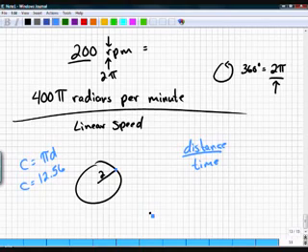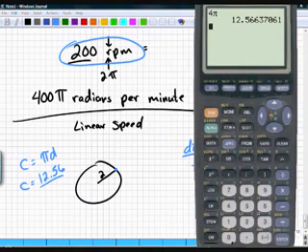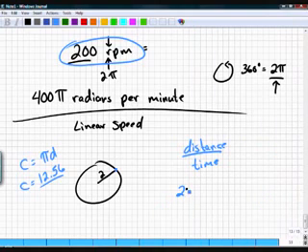But we're wanting to know the distance traveled total. How many times did it spin in 1 minute? 200 RPMs. That means it went around 200 times in 1 minute. So to get the linear speed, well, if it had just spun once, it was 12.56. So all you got to do is times 200. 2,513, we'll just call it that. Let's think about what our units would be here.